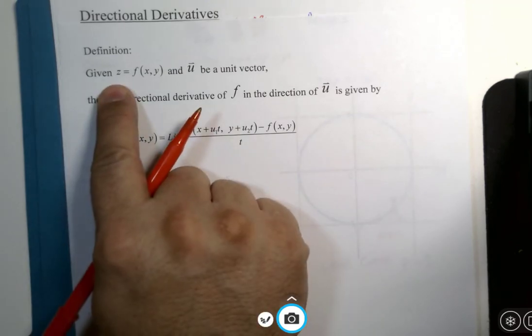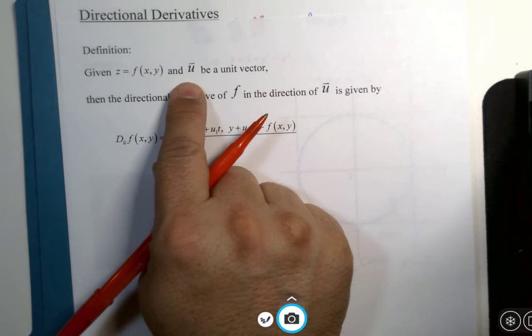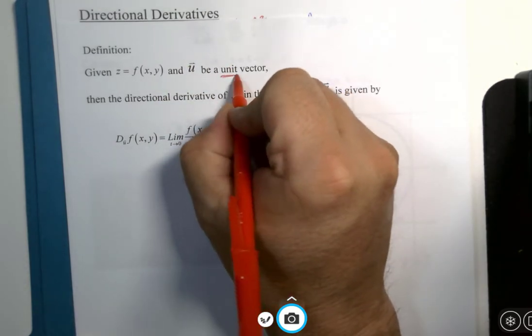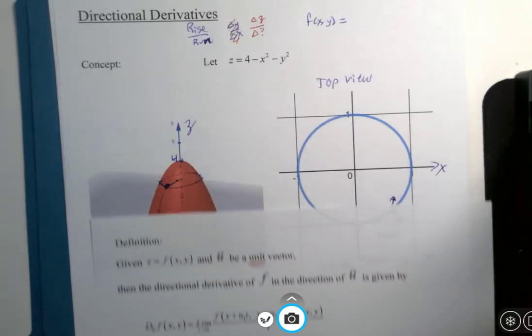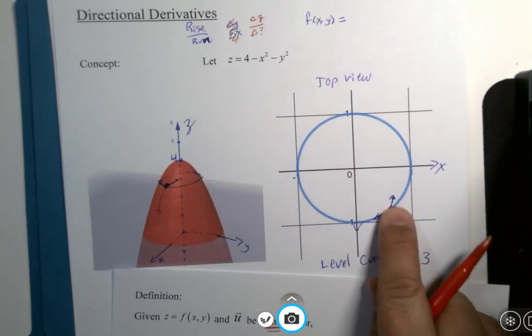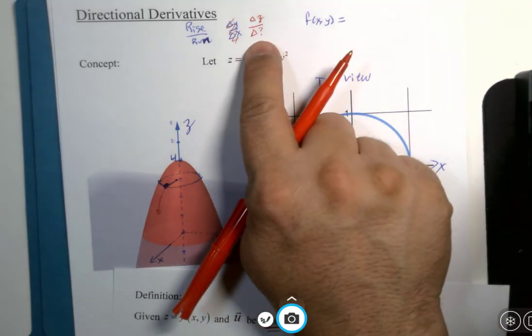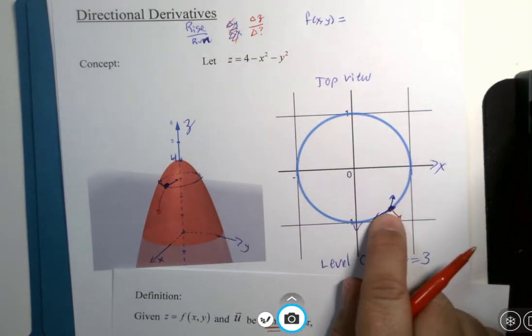We have a function z equals f of xy, and u is going to be a, here's the big deal, unit vector. So the unit vector will be equivalent to us having the direction, but no magnitude that will interfere with our scale, so that when we do our rise over run, our run units are going to be 1 unit.